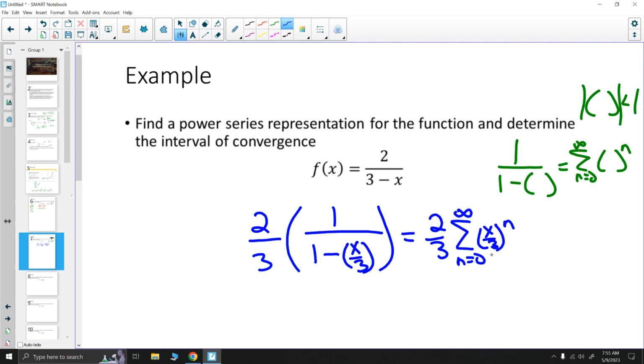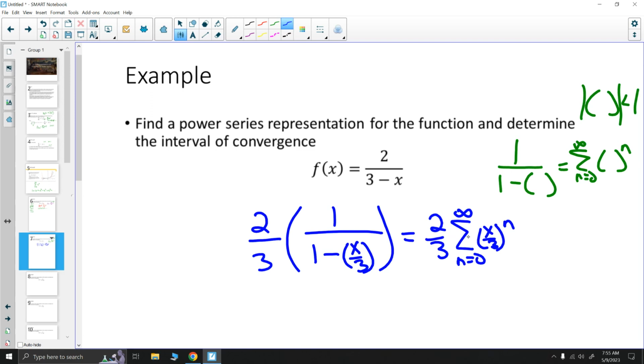Now, one thing to note, one of the first things that we did when we started talking about series is reminding you of the rules of series. A constant times the series, we can distribute that constant in. In fact, anything that's not based on n can be put in or pulled out of our summation, because it's not dependent on n, so it's not varying, it's always the same.